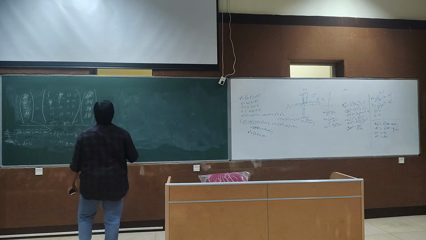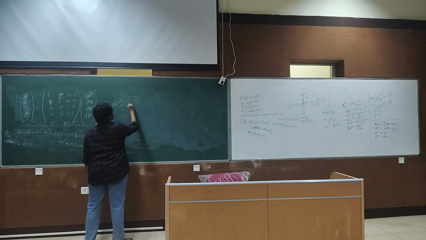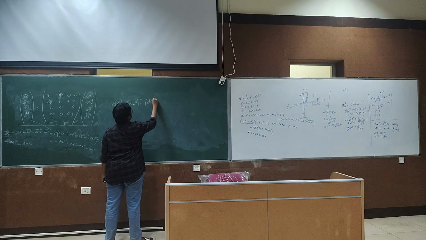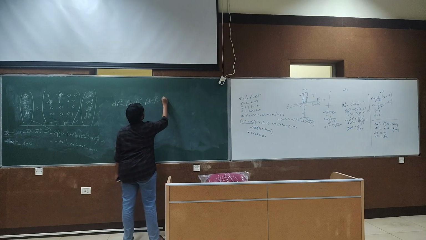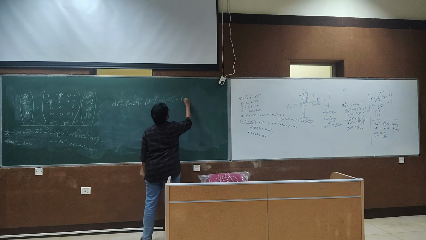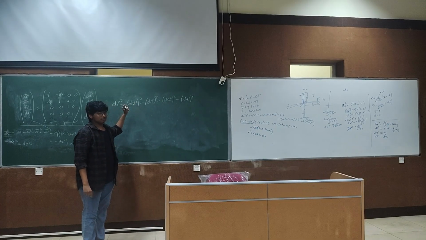Now I write... can I write this as a dot product of two vectors?